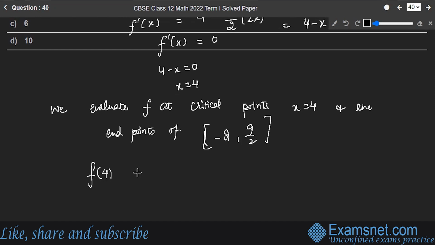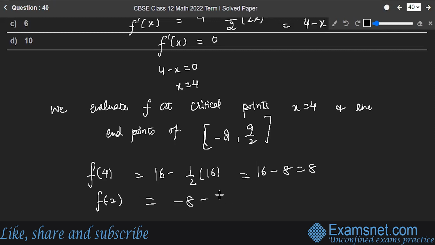So f of 4 is equal to 16 minus 1 by 2 of 16, that is equal to 8. And f of minus 2 is equal to minus 8 minus 1 by 2 of 4, which is equal to minus 10.